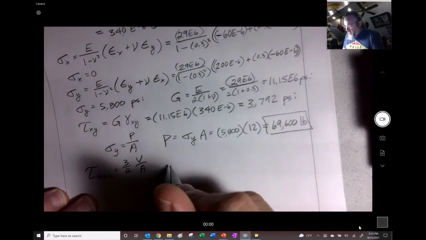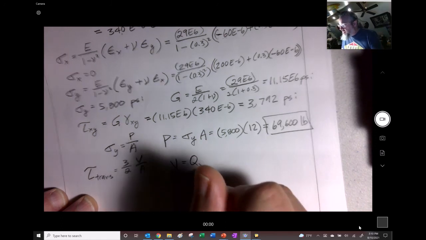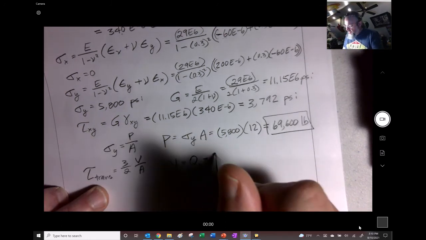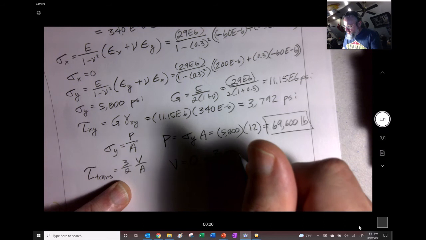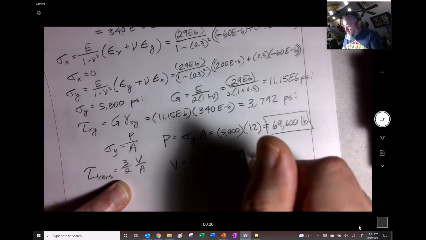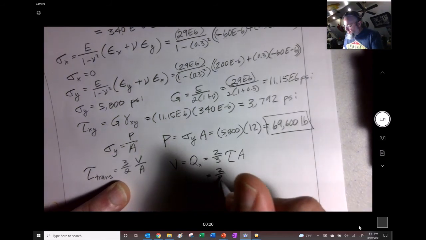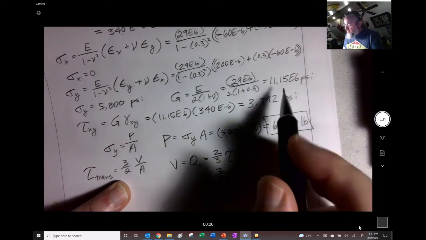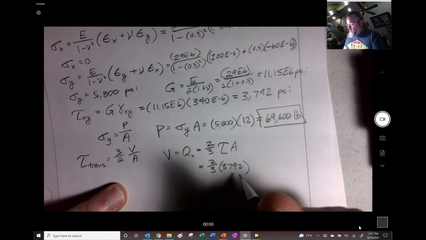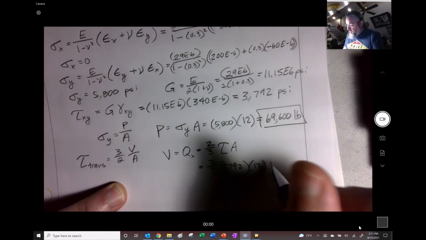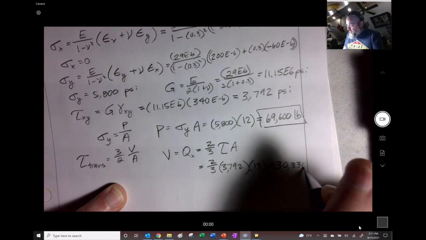So what I would say here is V, which is equal to Q, according to them, or QX, I guess they called it QX, is going to be 2/3 tau times the cross-sectional area. 2/3 tau is 3,792, and the area was 12, and so what we end up getting is 30,336 pounds.